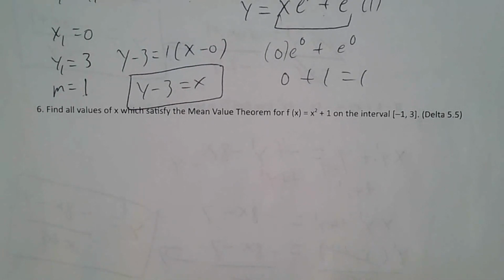Find all values of x which satisfy the mean value theorem for f of x equals x squared plus 1 on the interval negative 1 to 3. This is problem 5.5.